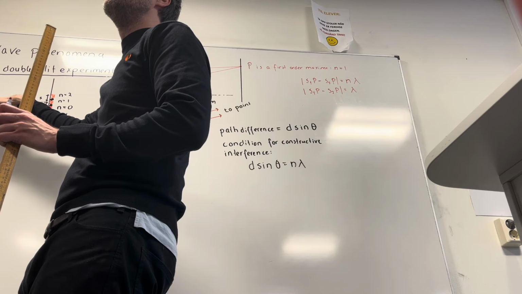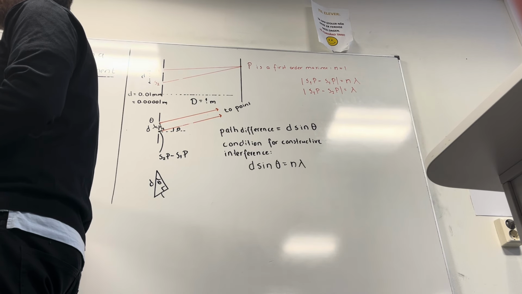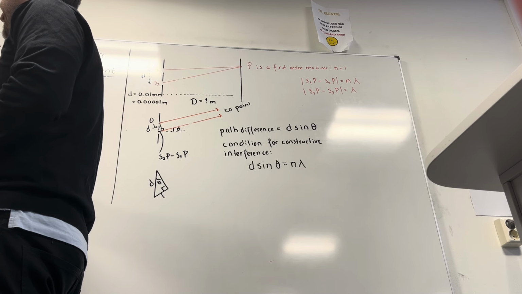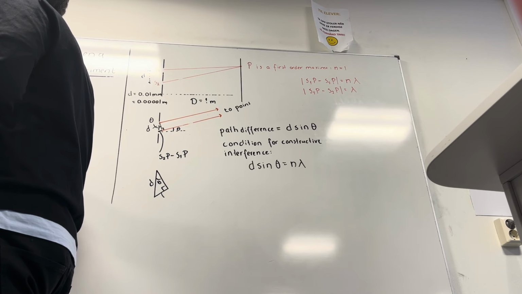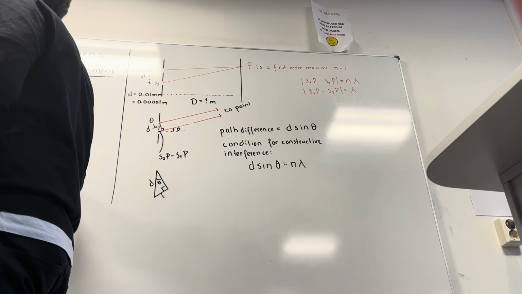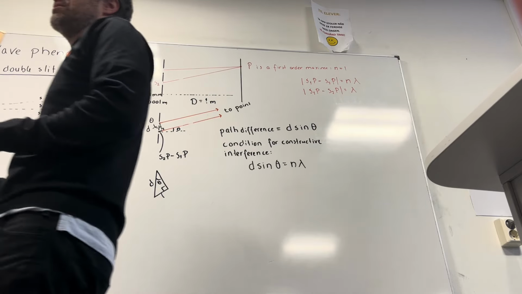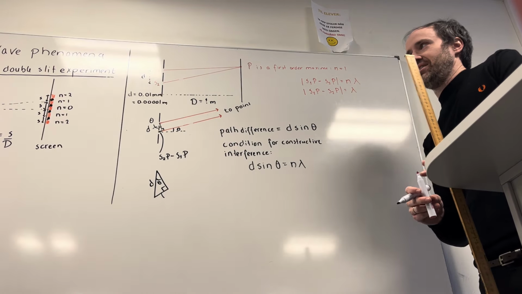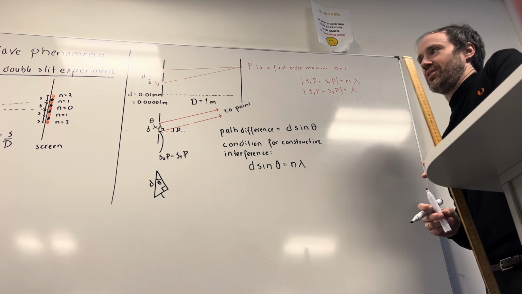S over D. Tan theta is equal to S over D. Okay, tangent theta is S over D. Opposite over adjacent.